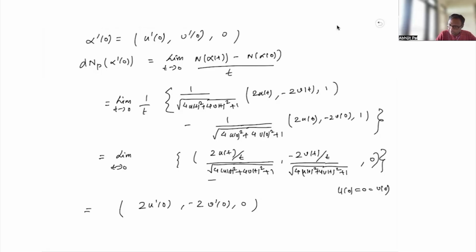Note that in this expression, if I take the limit t tends to 0, in the numerator it will be u prime 0, and in the denominator, u and v are continuous functions. So ut will tend to u0, which is equal to 0. Therefore, the denominator as t tends to 0 will be equal to 1.